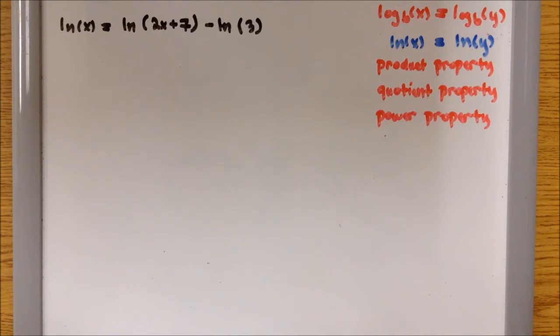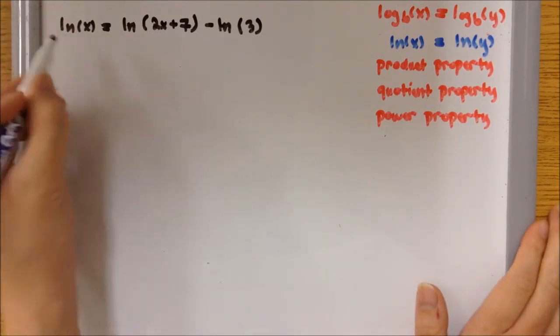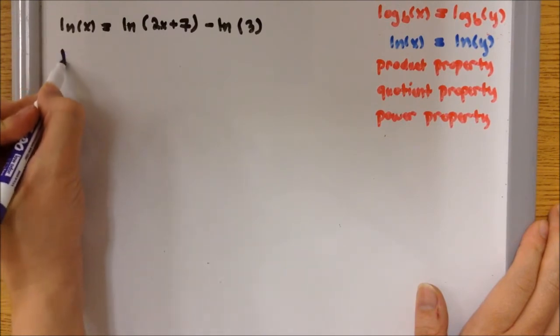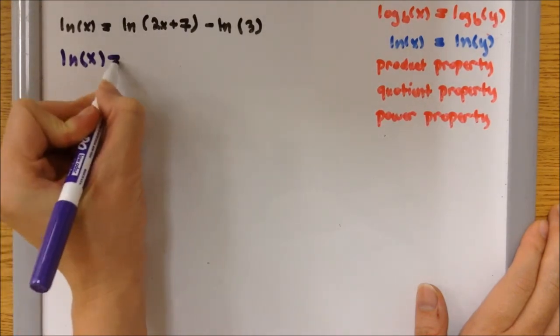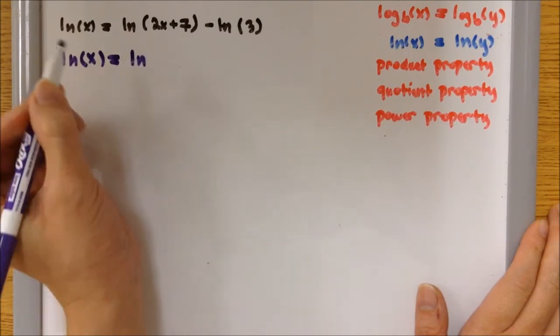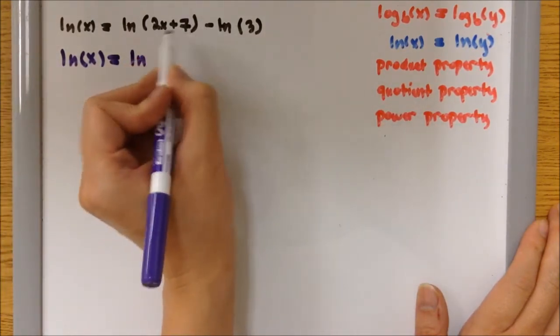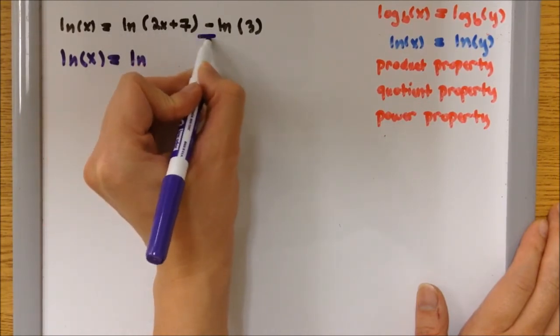So, let's move down the left side because it's already a single natural log. Now if I want to combine as a single natural log on the right side, I would again use one of these three properties. So I'm looking at the operation between these two natural logs, which is minus.